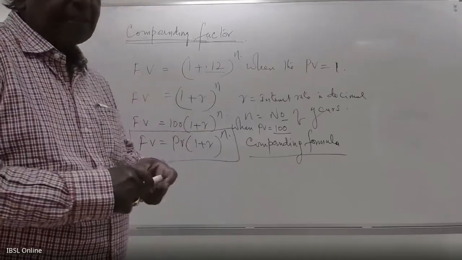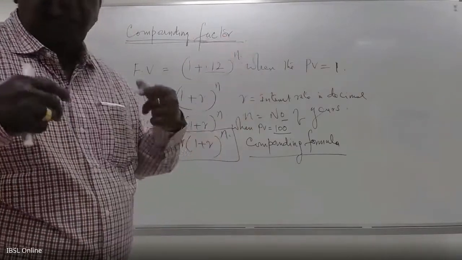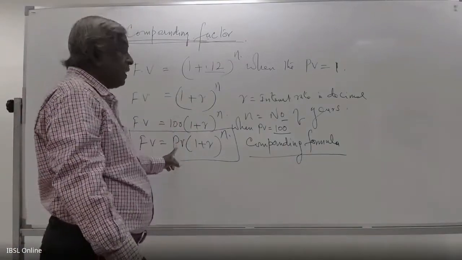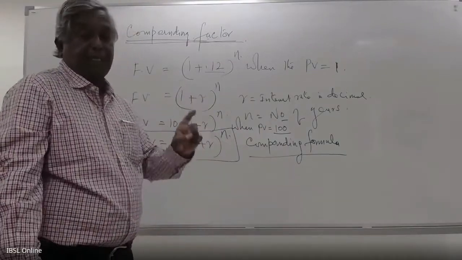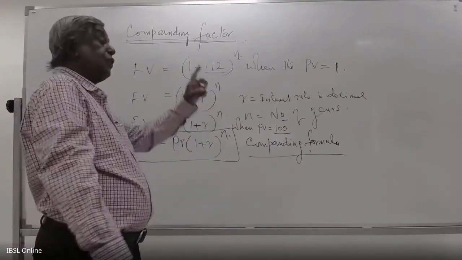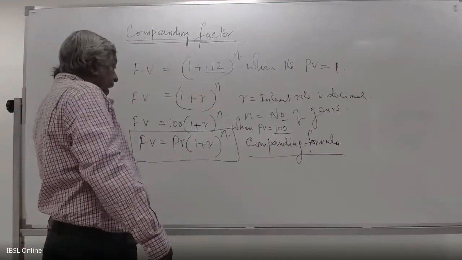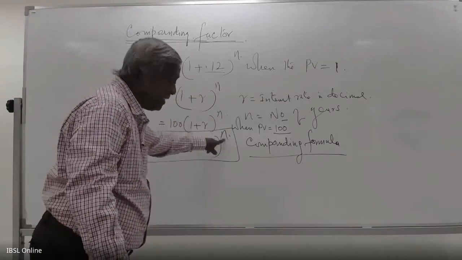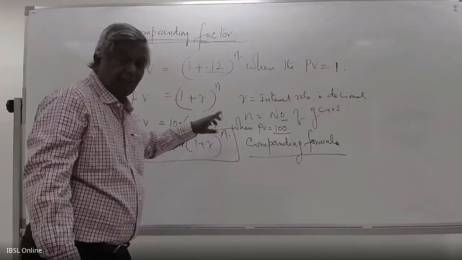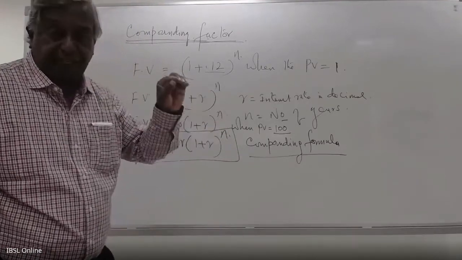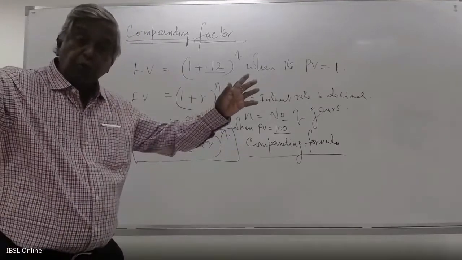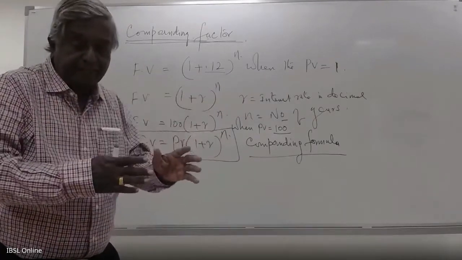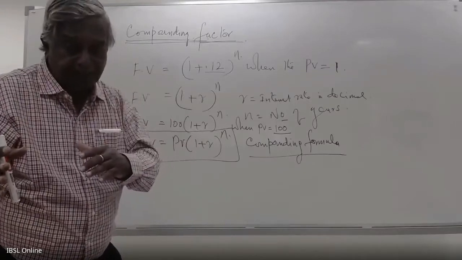If anybody asks what is compounding factor, it means that when the present value of the money is 1 rupee, the future value of the money at various interest rates and at various numbers of years is called the compounding factor. And you will get numerous compounding factors depending on the interest rates and on the number of years.